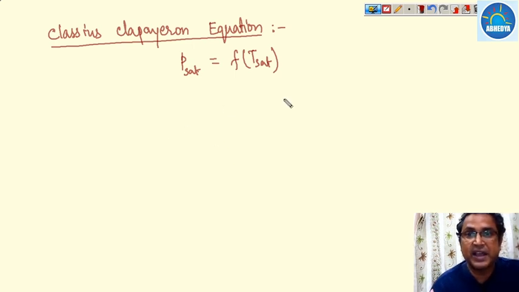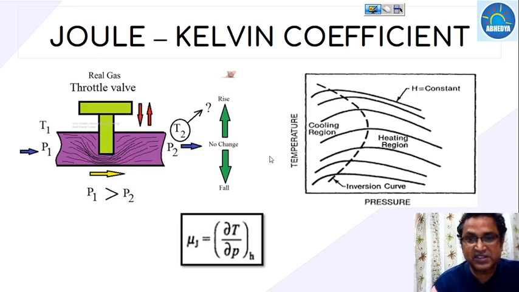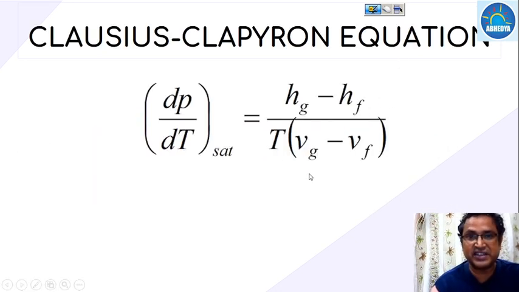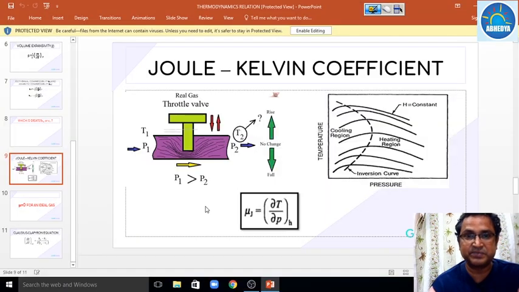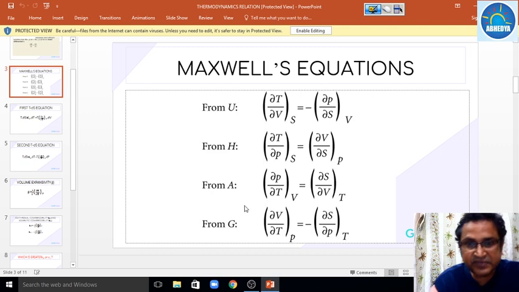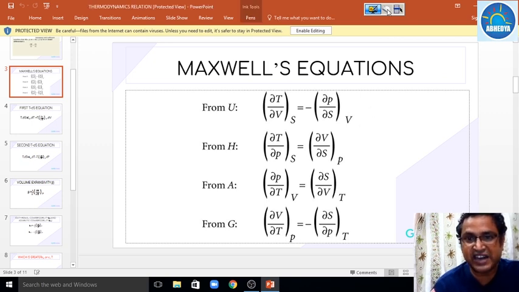Now through the Maxwell equation, what is the Maxwell's relation? We know that del P over del T at constant volume is equal to del S over del V at constant temperature. So we will start with this one.